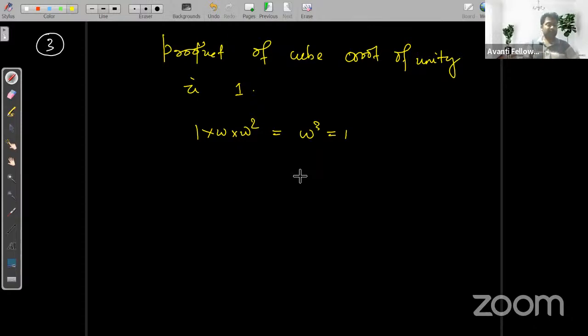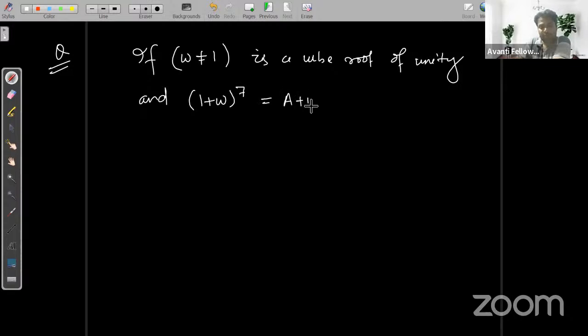If this is also true, now try to solve one question here. The question is: if omega, not equal to 1, is a cube root of unity, and 1 plus omega to the power 7 is equal to a plus b omega, then find the value of a and b.